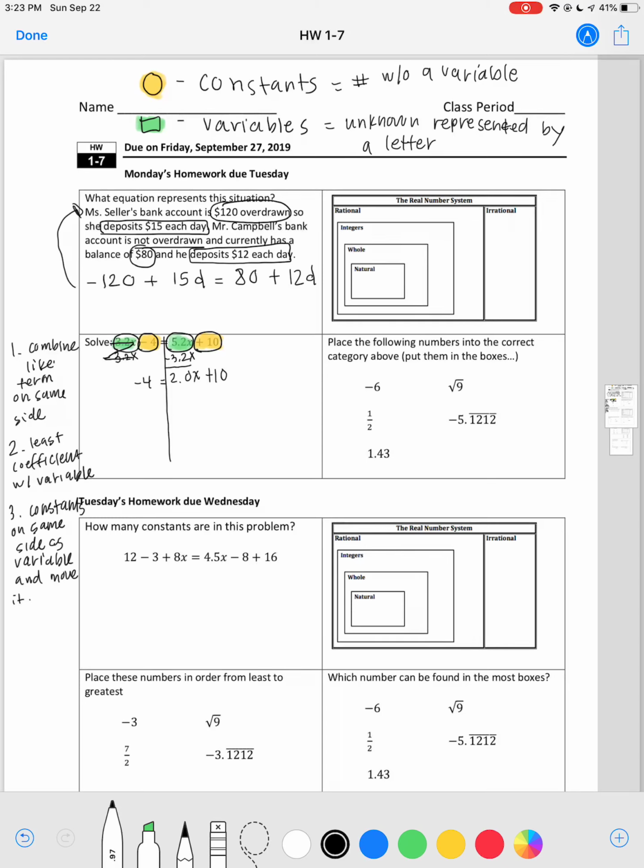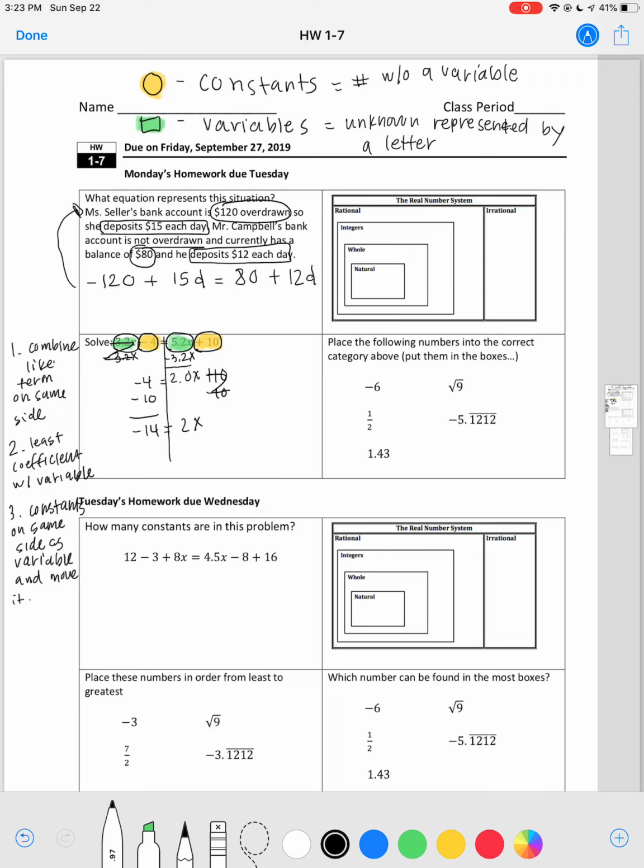So the one on the same side is going to be this positive 10, and so we're going to do a negative 10, or subtract 10, so that this will zero out, and we'll be left with negative 4 minus 10, which will be a negative 14, and that's going to equal 2x.